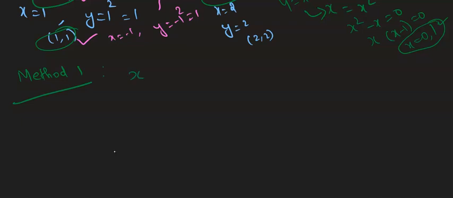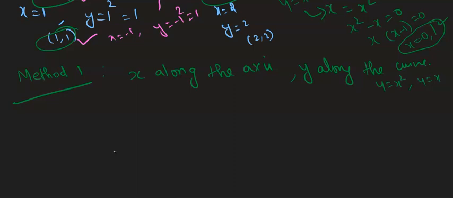I am going to take x along the axis and y along the curve. So if I measure x along the axis, y along the curve means along y is equal to x square and y is equal to x in this problem.